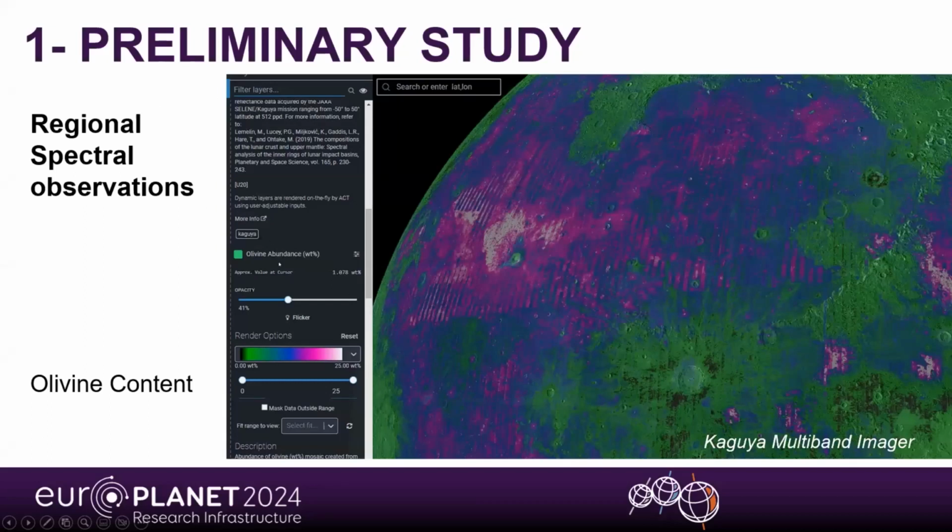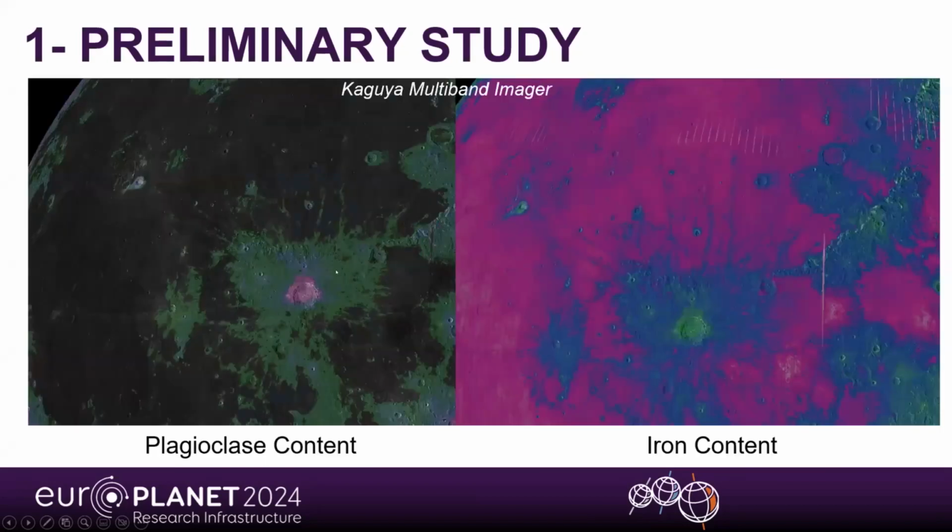So, for example, here we have olivine content. Here we have Copernicus, and we can see the content at the regional scale is very low in this area, like in the highlands. And in the Maria, we have a high content of olivine, for example. The same for plagioclase and iron.